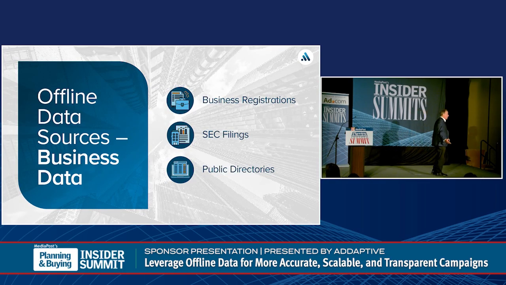And when I say offline data, I'm referring to things like business registration forms, SEC filings, public directories. And these are just a few examples. We have access to thousands of different offline data sources that we can use to target our campaigns.